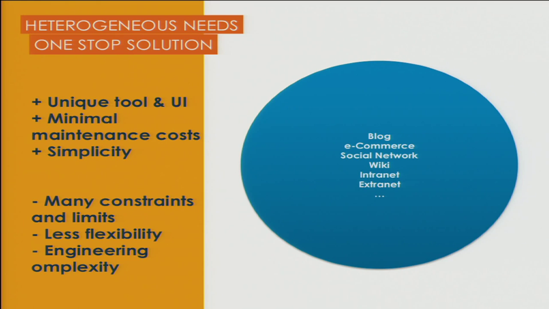You will have some simplicity, but you will add more and more constraints on what you can do, less flexibility, and it will become complicated to maintain everything and to make it move to another solution. If you want to update your e-commerce platform, it will be complicated, because you will need to manage what kind of impact it can have on your intranet or on other things.